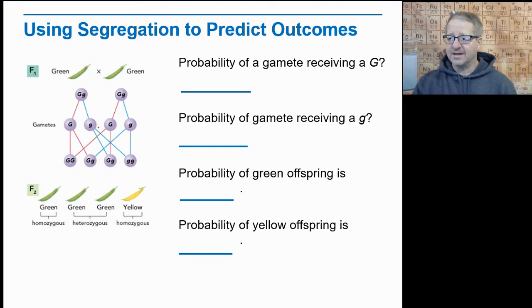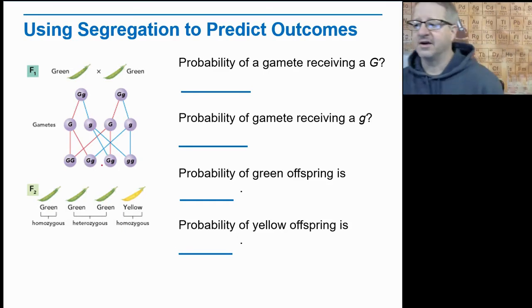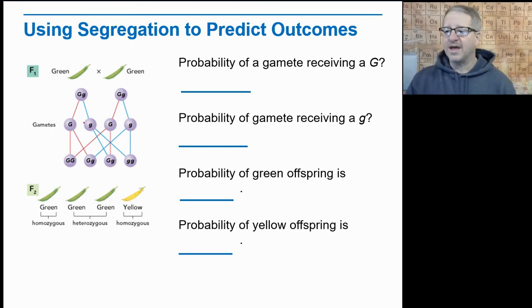We could also get this big G and this little g, which is the same as this combination. So there are 2 out of 4 possibilities that we could get big G, little g. That's going to give us another heterozygous, which would be green because the dominant allele is present. Or we could get the little g from each of the parents and end up with a yellow pea pod.